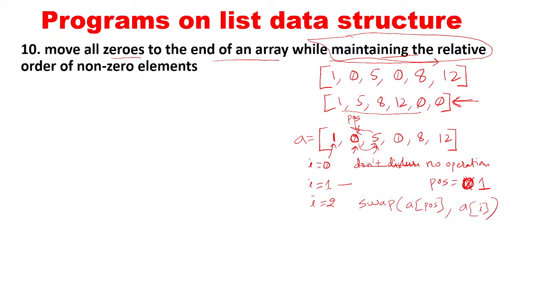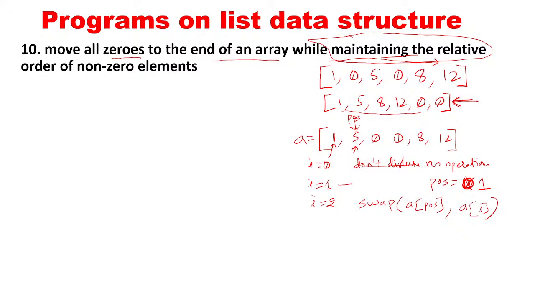Once swapped, the resultant array looks like this: 5 comes here, then 0 comes here.